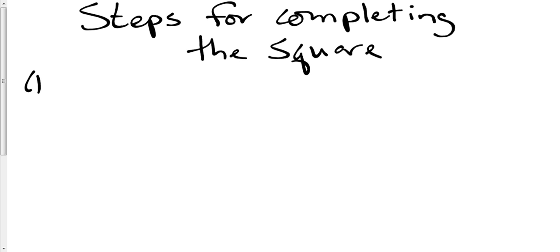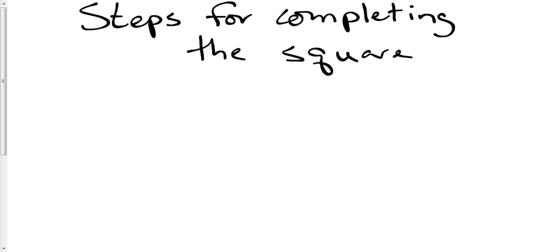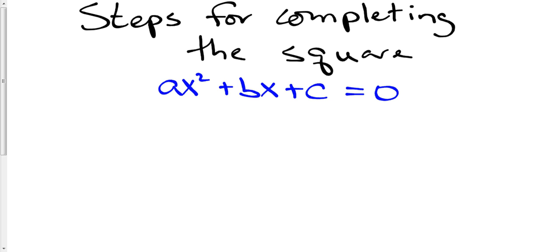I'm going to use the generic quadratic equation, ax squared plus bx plus c equals 0. Actually, I don't want that equal 0. Well, yeah, we'll do equal 0.